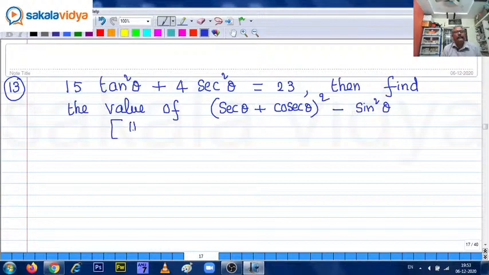Here is a hint: theta is acute, that is, 0 less than theta less than 90 degrees.